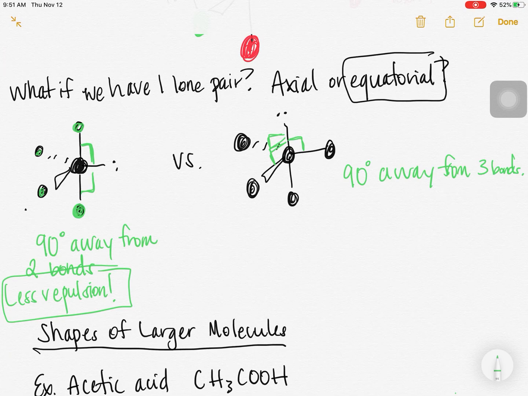So stemming from a trigonal bipyramid with 1 lone pair, it's a seesaw. With 2 lone pairs, it's a T shape, because you're taking that second equatorial position, and with 3 lone pairs, you're taking the third equatorial position, which leaves you with a linear shape.